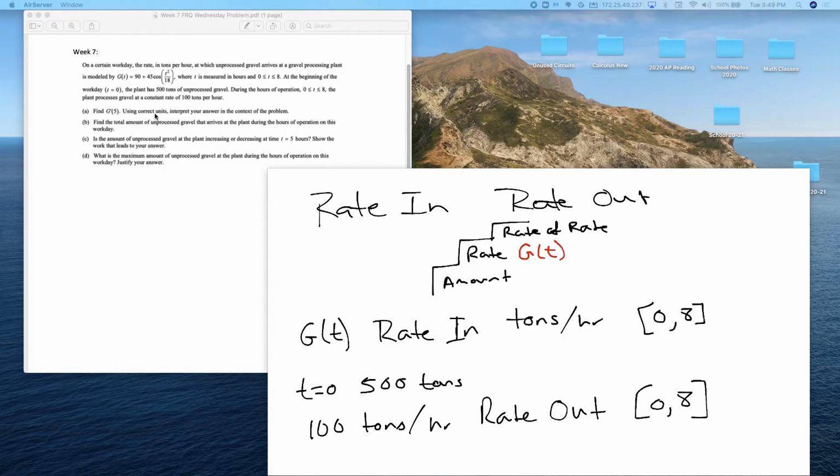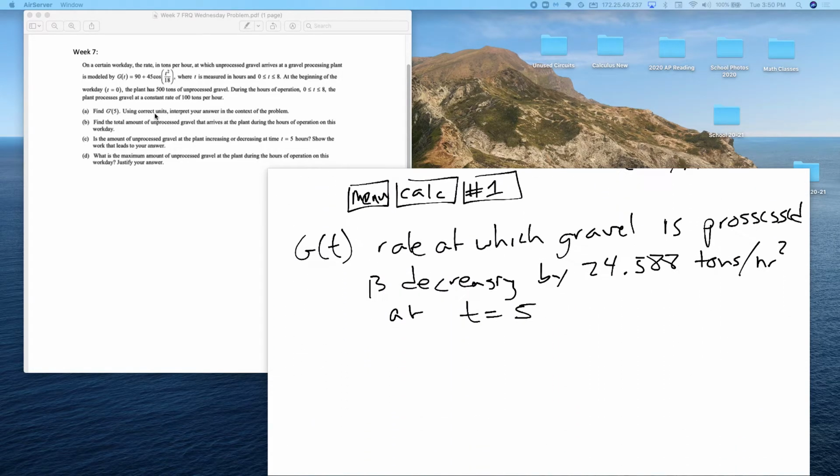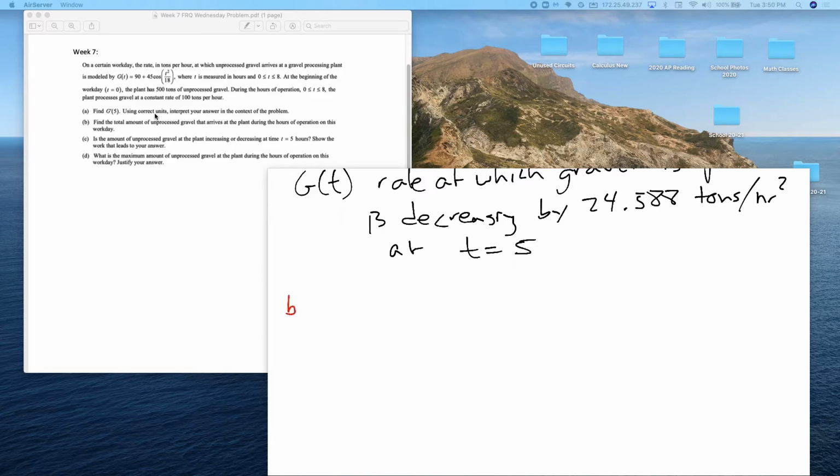So if we need to find out the amount, like we are in part B, of unprocessed gravel that arrives during the hours of operation, which is 0 to 8, then what we're going to do for part B is integrate from 0 to 8 of G of t dt. And you want to write that down. You want to do that on the calculator, and you'll get 825.551 tons.